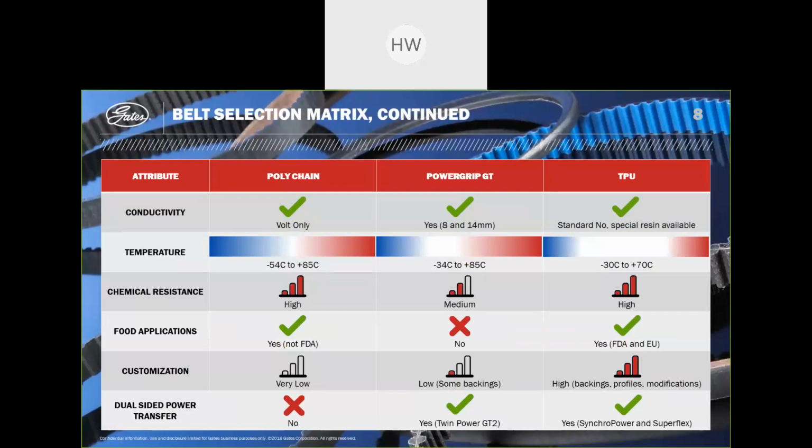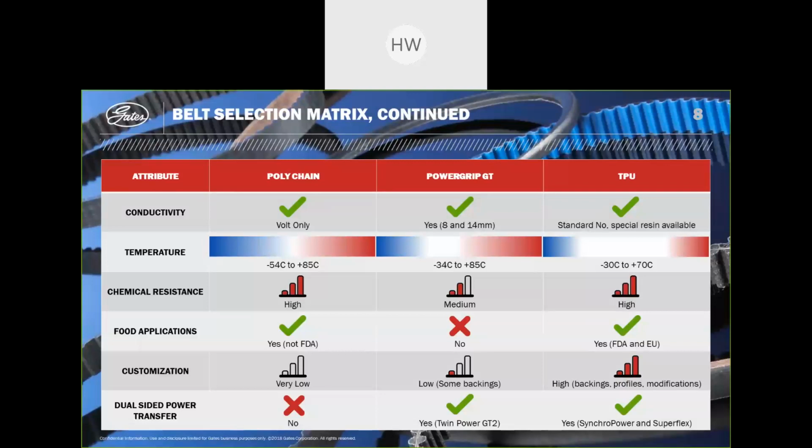Chemical resistance, as you can see here: the Polychain and the TPU have excellent chemical resistance against most of the chemicals and liquids that are used in the environment of drives. Power Grip GT, limited. And food applications: here the TPU belt is really the only one that is fully compliant with the FDA, USDA, and the EU food regulations.